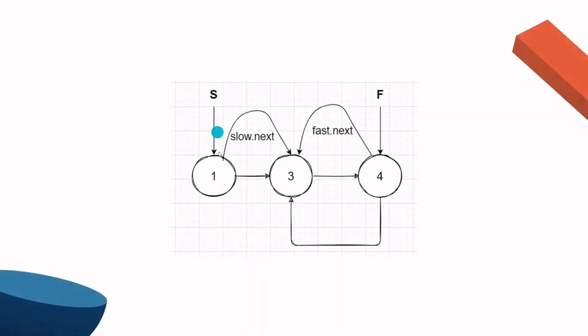So if you see, slow is here, fast is here, and slow.next is 3, fast.next is 3. That means that the condition got satisfied. In this case what we have to do, we just have to make fast.next, we just have to delete this and make it null.